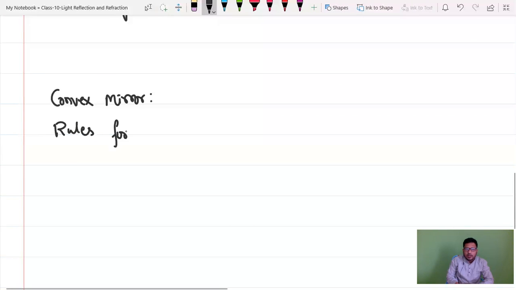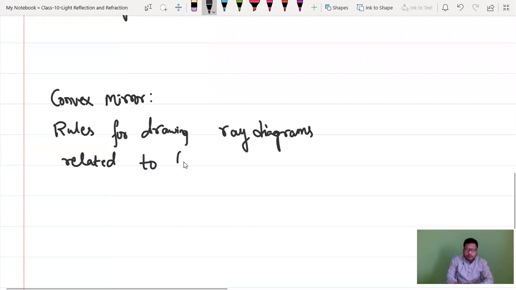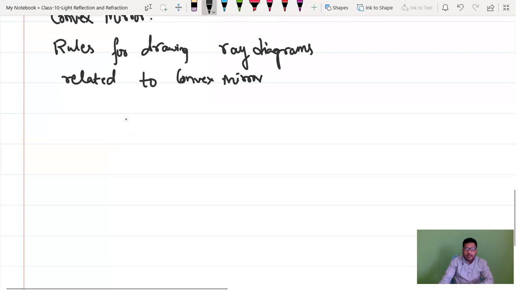Rules for drawing ray diagrams related to the convex mirror. Okay, you are familiar with the rules of the concave mirror. What we are going to do now is compare concave and convex, so that it will be easy for you to understand.